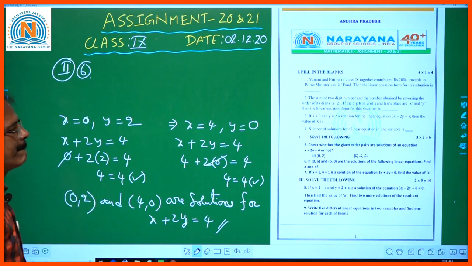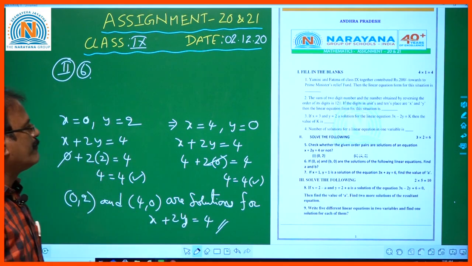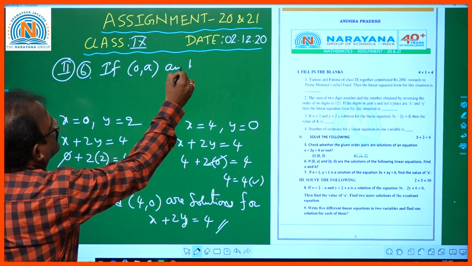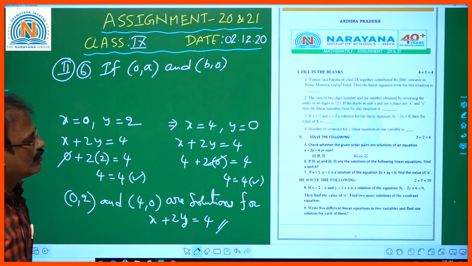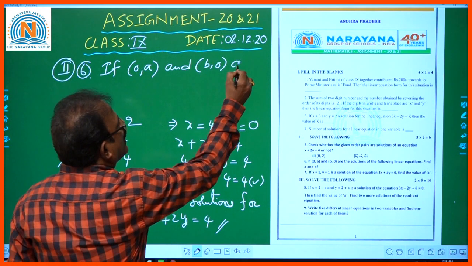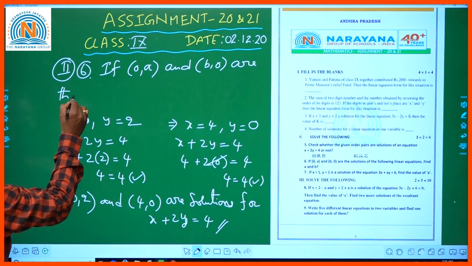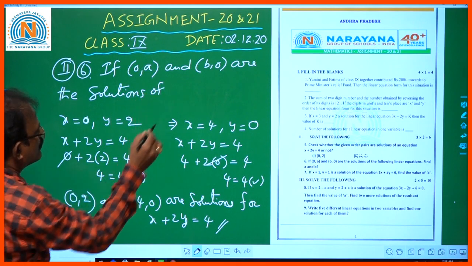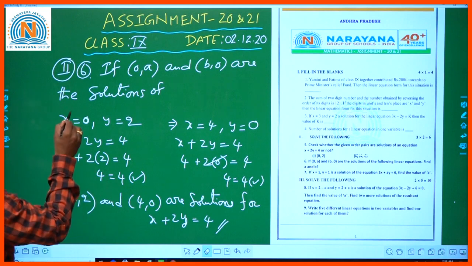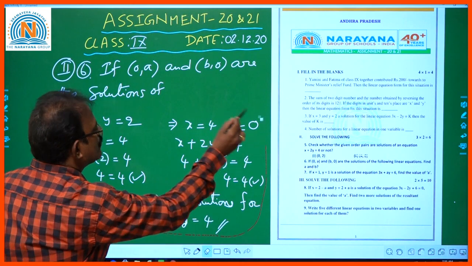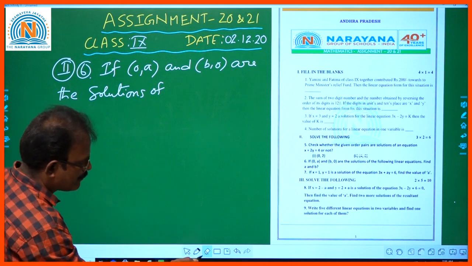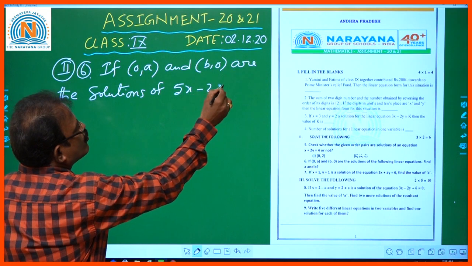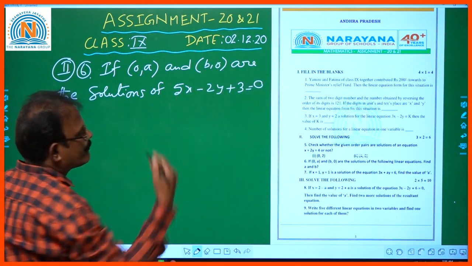Question number 6. If 0 comma a and b comma 0 are the solutions of 5x minus 2y plus 3 is equal to 0.